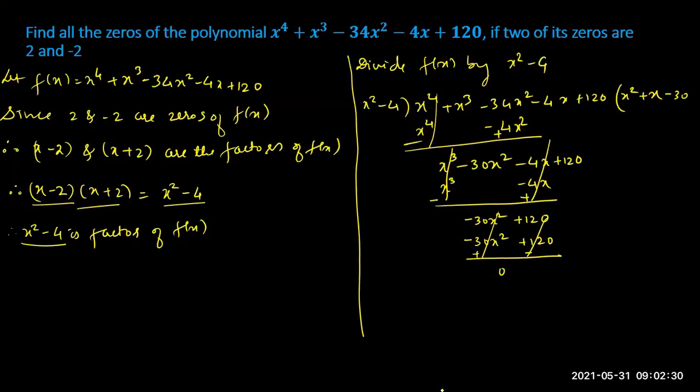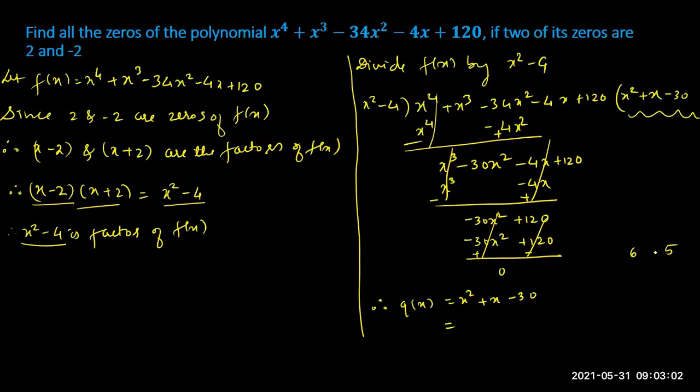Therefore, q of x is equal to x square plus x minus 30. This is q of x. So we will factorize it now. If you want to factorize, 6 5s are 30.